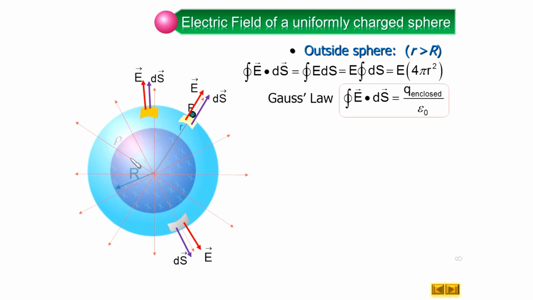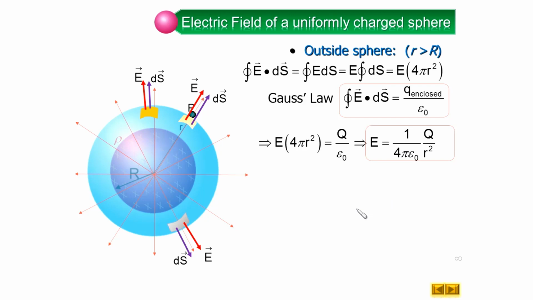If the total charge of the sphere is capital Q, we can write E multiplied by 4 pi r square equal to Q divided by epsilon naught. Now we can rearrange for getting the value of E. Now we can write E equal to 1 upon 4 pi epsilon naught Q divided by r square, right? This is the electric field at point P, that is outside the sphere.